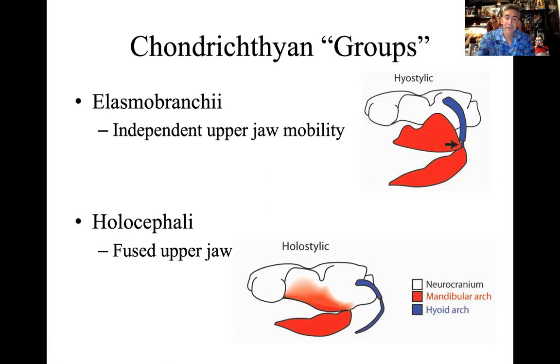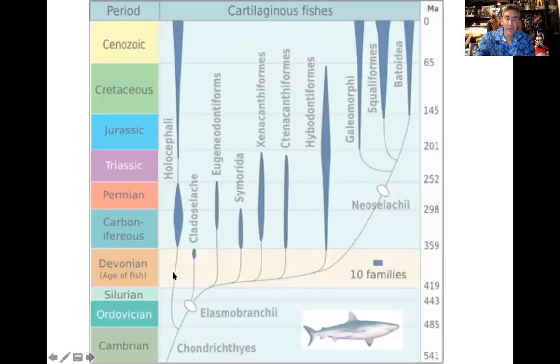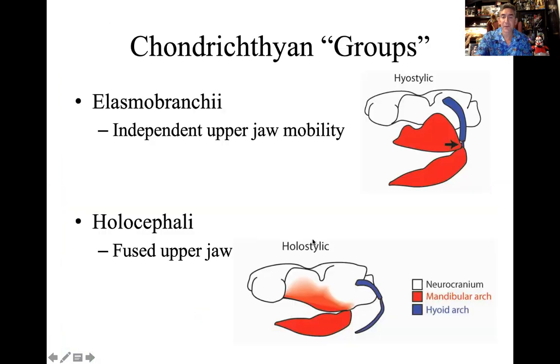So this Holocephali group was that first fused jaw structure that happened. And then a little bit later in time, we start to see this modification of this more mobile jaw. Now, if I give you the question here, well, what is the benefit of having this fixed jaw, or what is the benefit of having this mobile jaw?